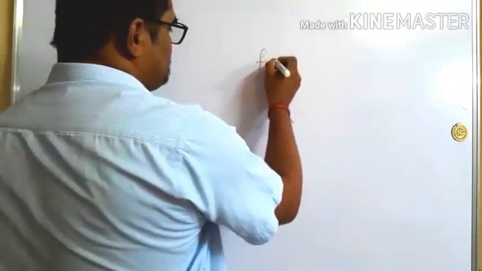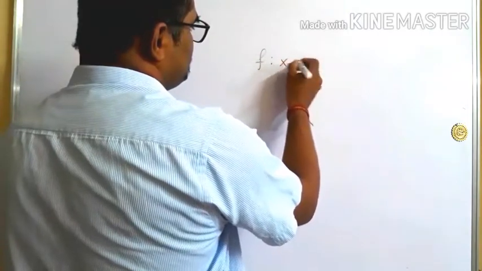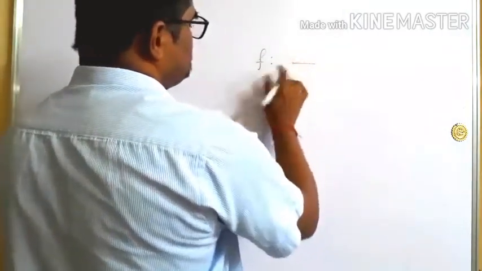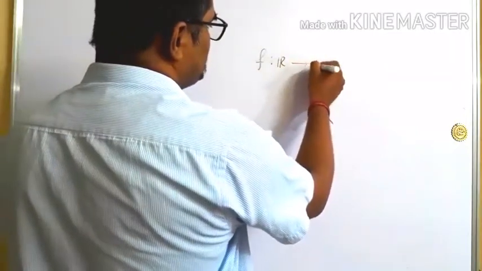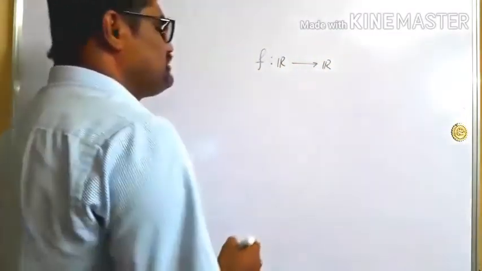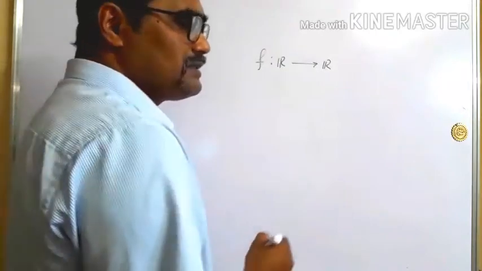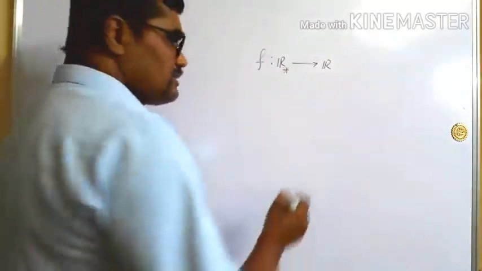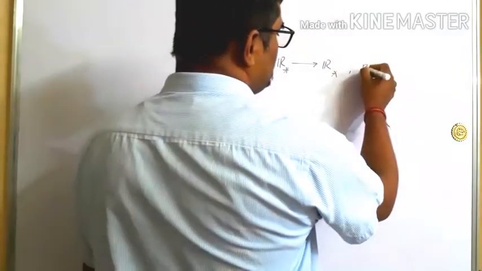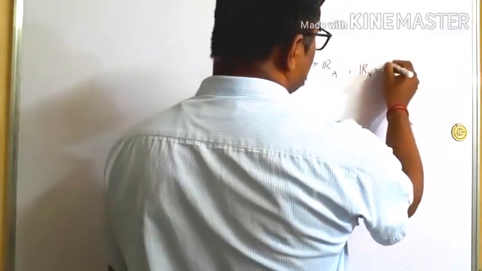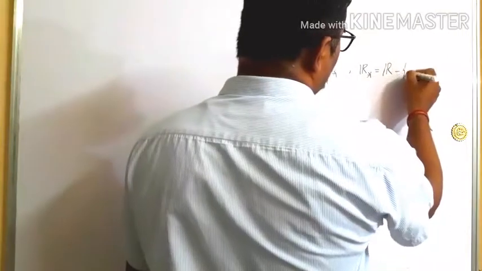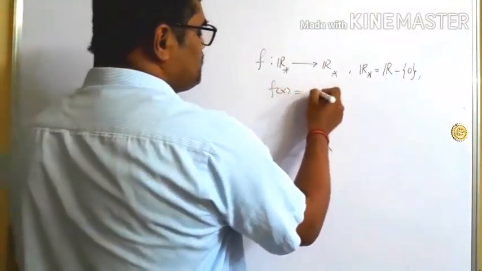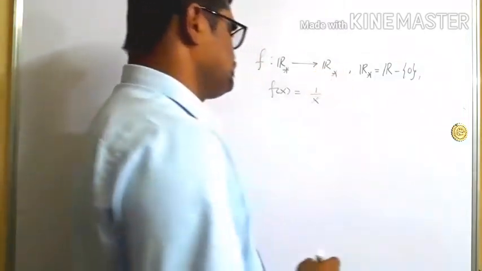So there is a function f such that it is from R to R, right? Rather I'll write R star to R star, where R star means all real numbers except 0, such that f(x) = 1 by x.